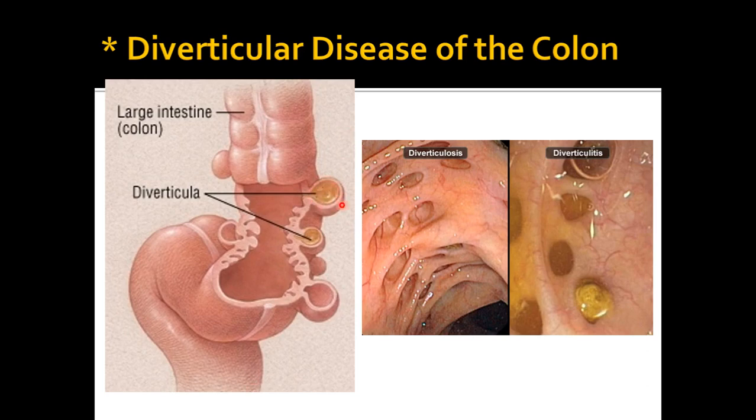These are the diverticulum right here. So these outpouches of colon mucosa, basically. So the lumen can extend into these pockets that are protruding from the muscularis layer of the colon. So here's a good view: diverticulosis colonoscopy. So each one of these caverns ends in a pocket like this.